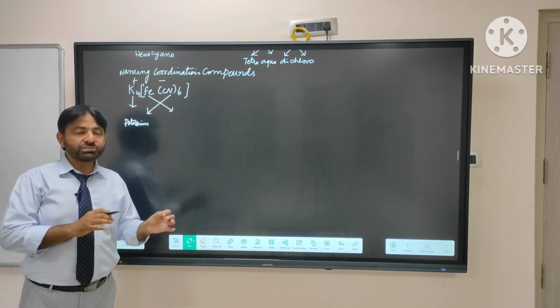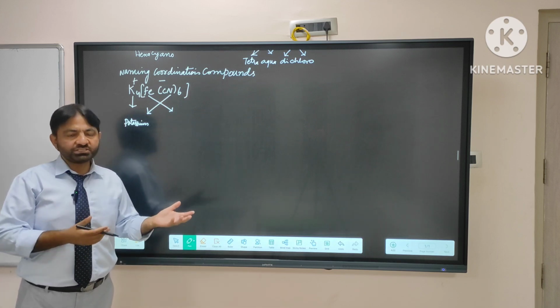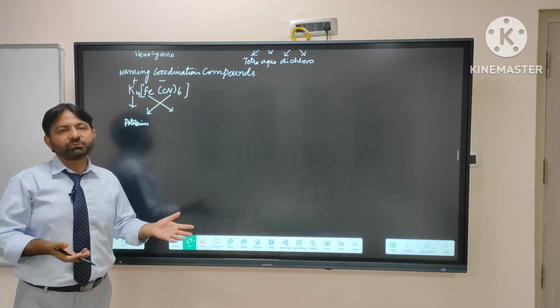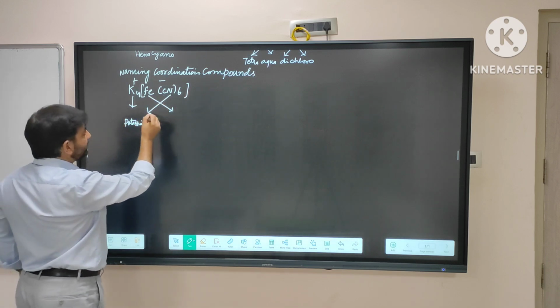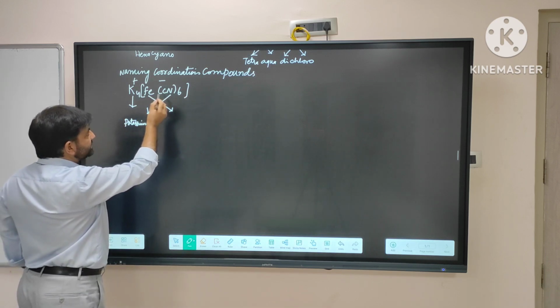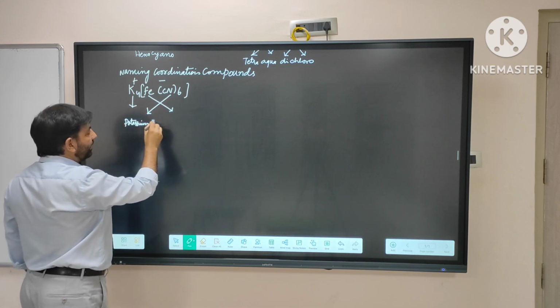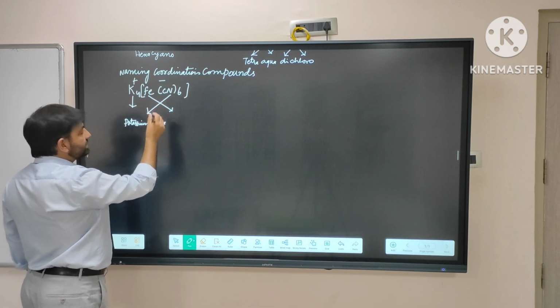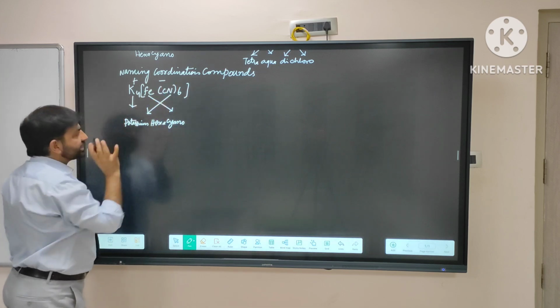Tetrapotassium is not used here with a counter ion. The counter ion is outside the coordination sphere, so we just write the name of the element only. So potassium. Now after this we need to write the name of CN, but it is 6 times, so I will write hexacyano. So I have named this part.